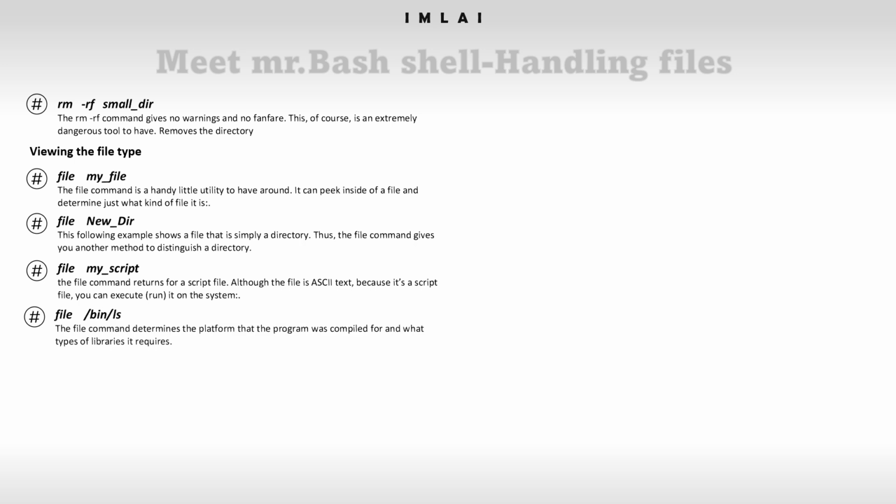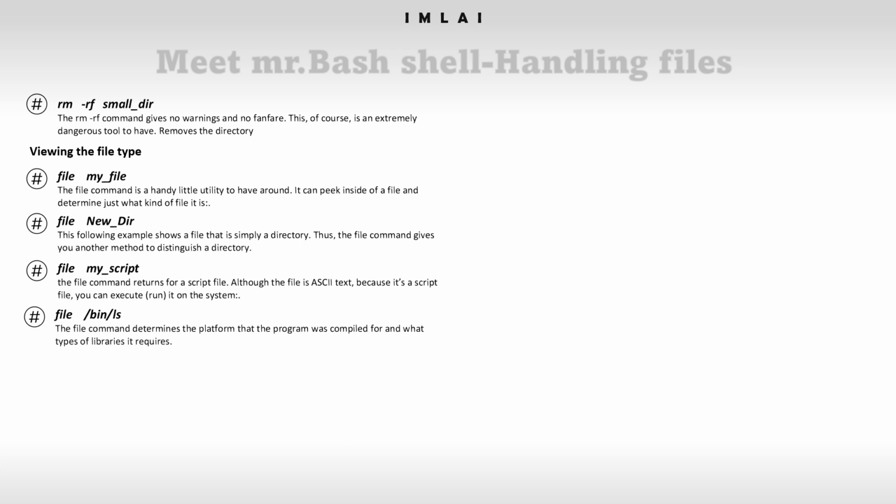And the final example is a binary executable program. The file command determines the platform that the program was compiled for and what types of libraries it requires. This is an especially handy feature if you have a binary executable program from an unknown source.